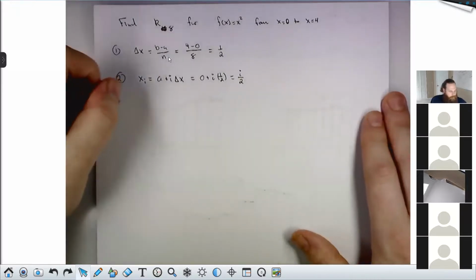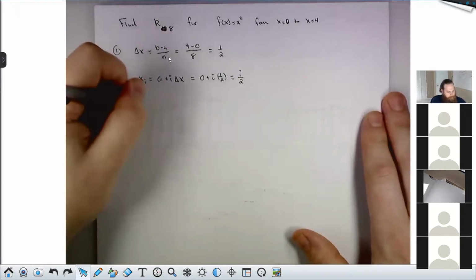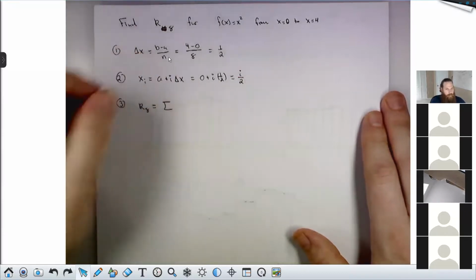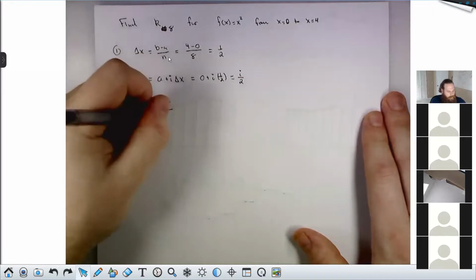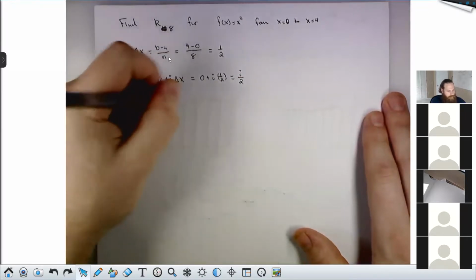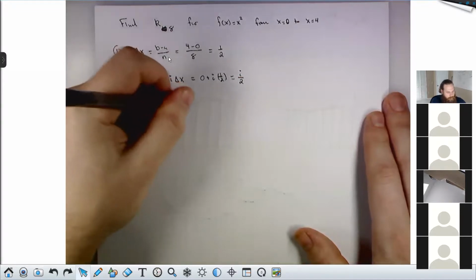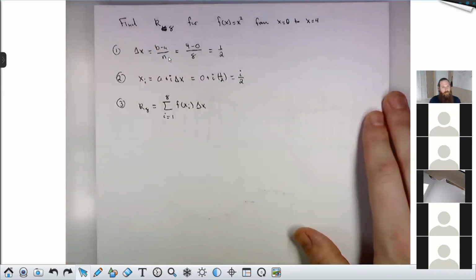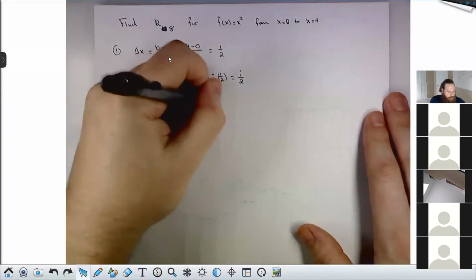And the formula for R8, I'll write this one in sigma notation. The sum from i equals 1 to 8, f of xi times delta x. That's just the formula.